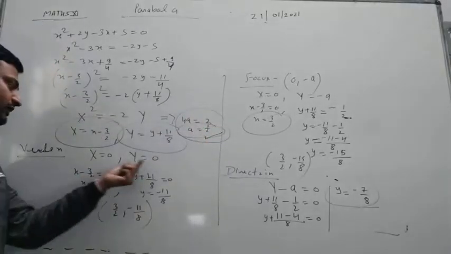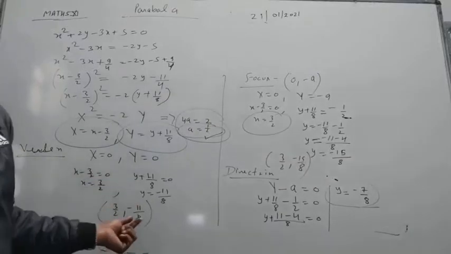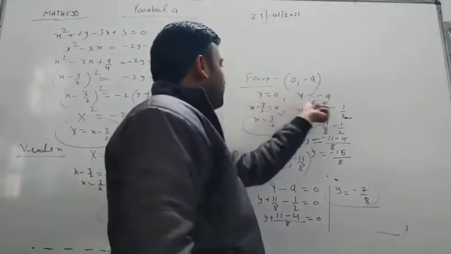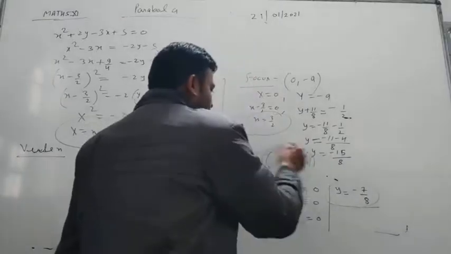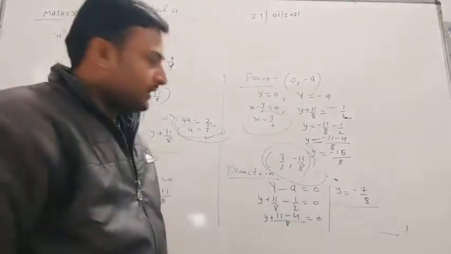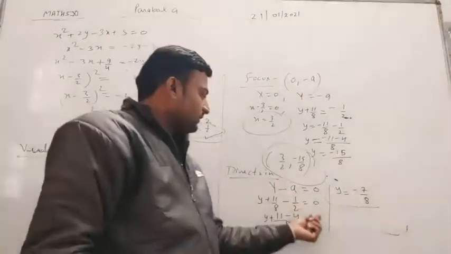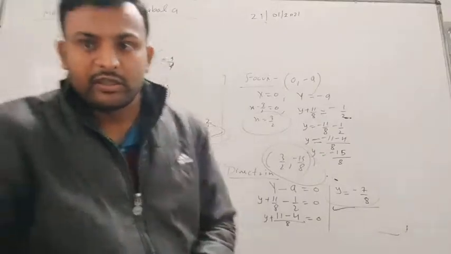Now the vertex is 0, 0, so we put X and Y, getting 3 by 2, minus 11 by 8. Now focus is 0, minus a. So X is 0, Y is minus a. So x is 3 by 2, y is minus 15 by 8. So this is 3 by 2, minus 15 by 8. Directrix is Y minus a is equal to 0. So y plus this, it will be minus 7 by 8. I hope you understand, students.